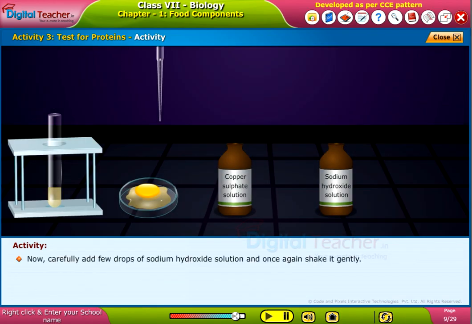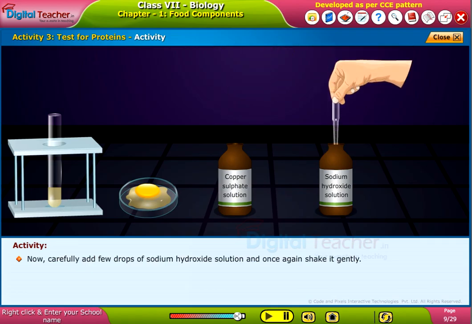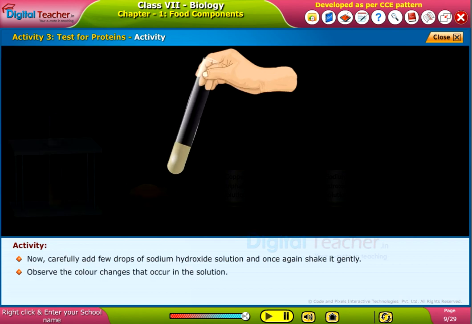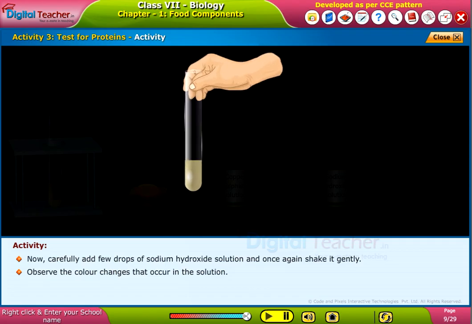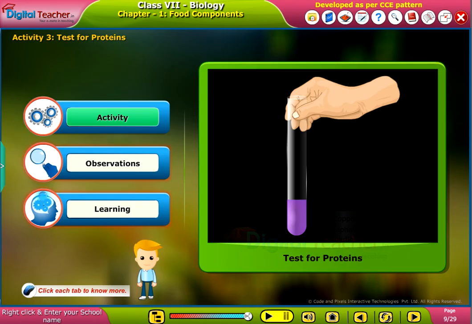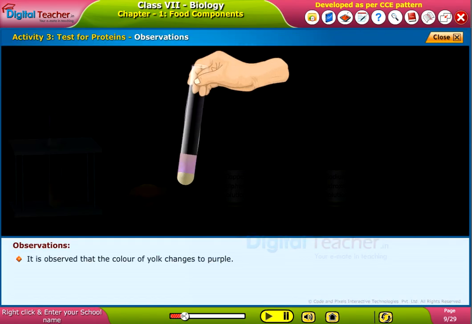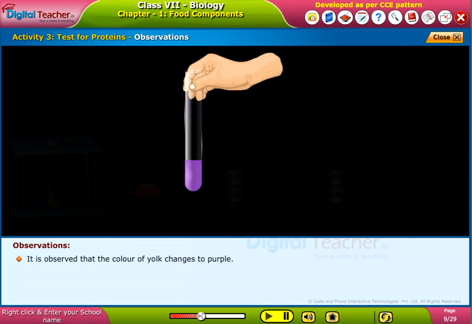Now, carefully add a few drops of sodium hydroxide solution and once again shake it gently. Observe the color changes that occur in the solution. It is observed that the color of yolk changes to purple. This indicates the presence of proteins.